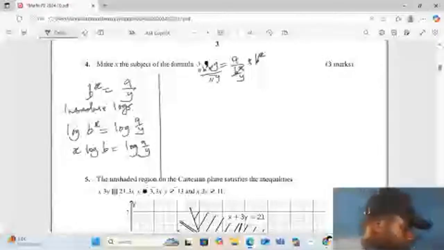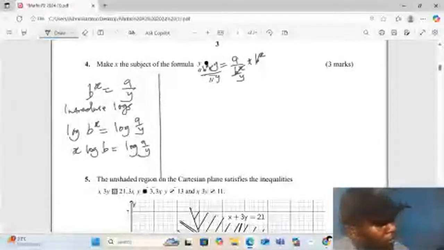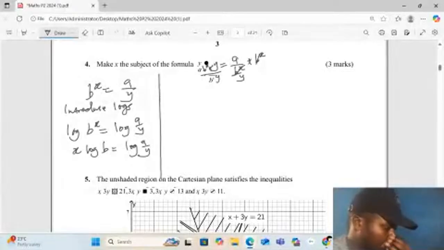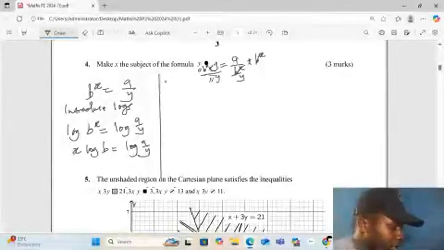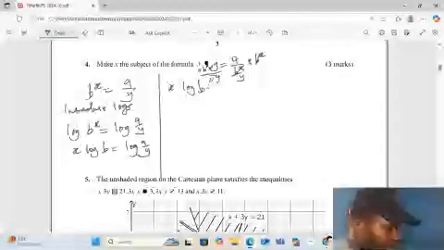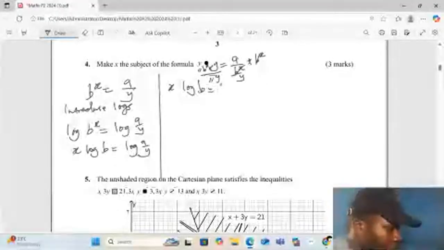Then we move on. We are going to have x log b equal to log a over y.